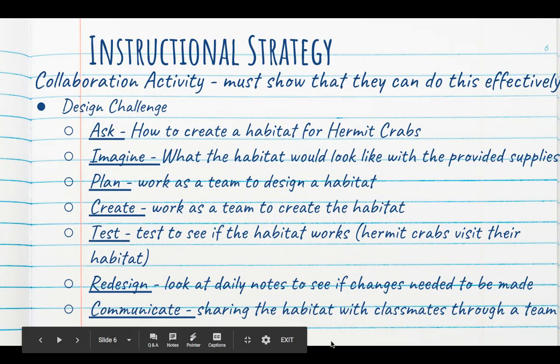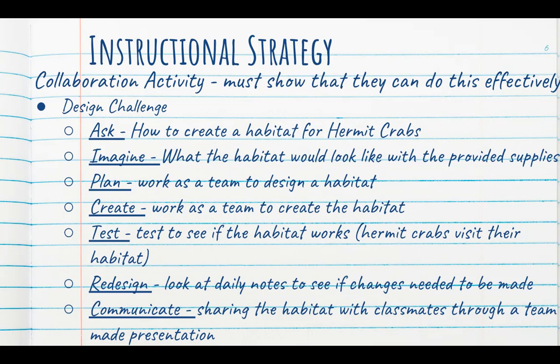Communicate. This is how they will be finishing their design challenge. The students in the groups will work together to create a presentation based off of their habitat and if it was successful or unsuccessful, and they will be sharing this information and photos of their habitat along with their classmates.